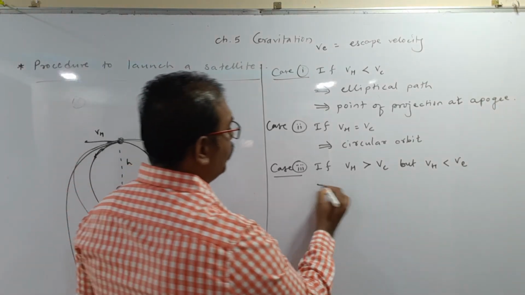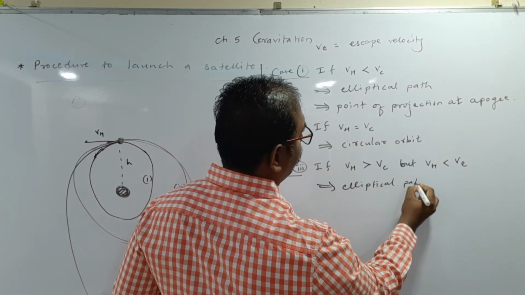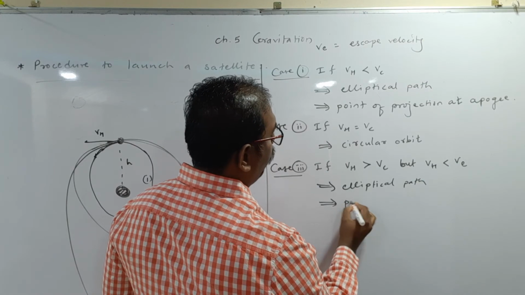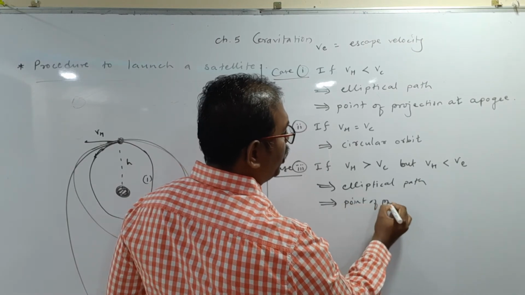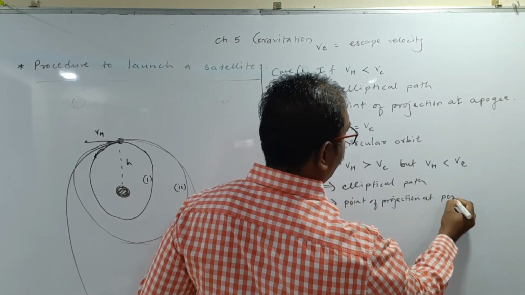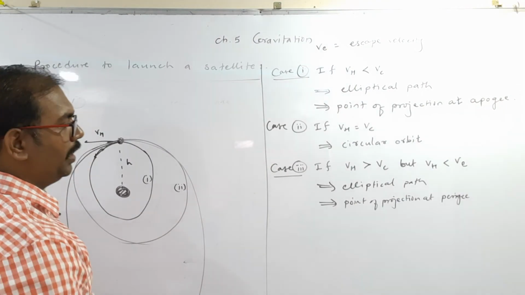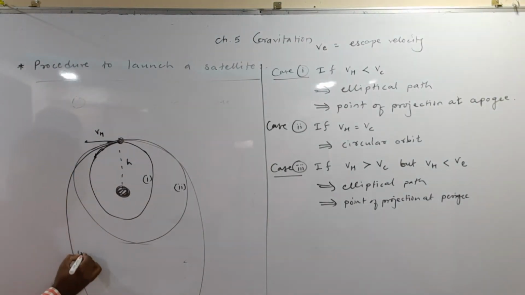So here again, elliptical path, then point of projection at perigee. Okay, this is the third case.